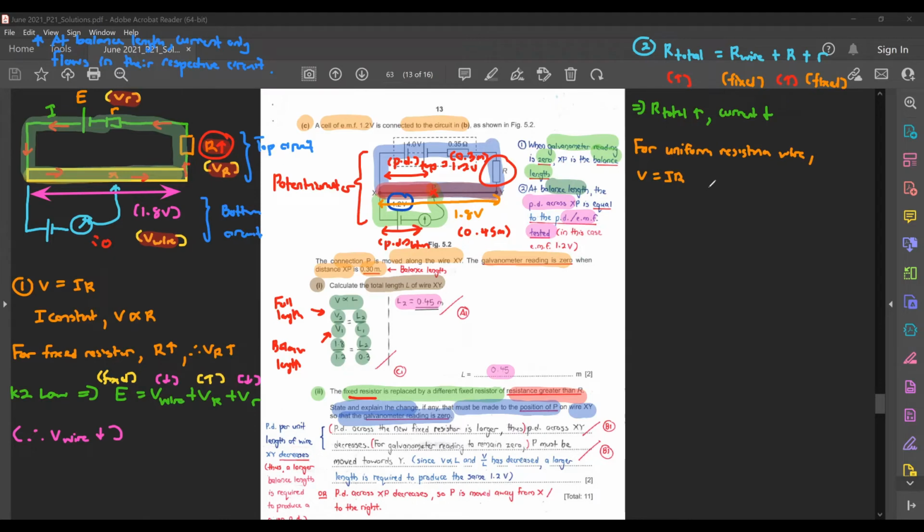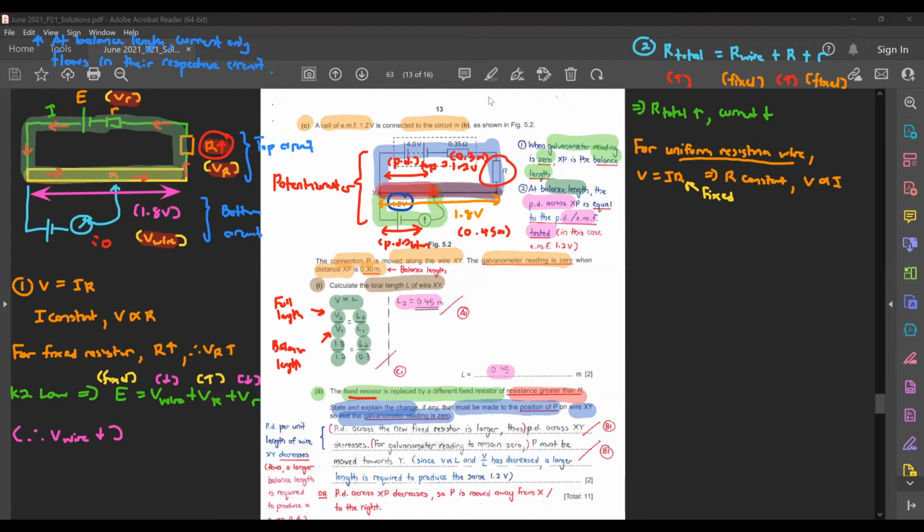The resistance of the wire would be fixed or constant here. Your question mentioned that they only increase the fixed resistance. All other resistances remain the same here. So in our case, if the resistance of the uniform resistance wire is constant, that will mean that the PD across it is proportional to the current through it.